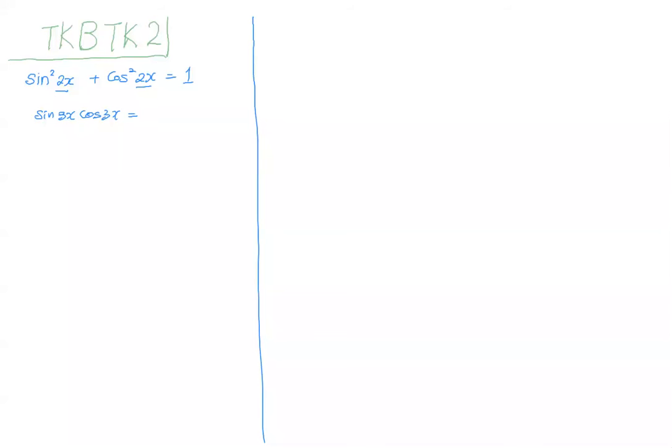For example, if I give you y equal to sin 3x times cos 3x, I don't have to use the product rule to get the answer if I can simplify this as something else.